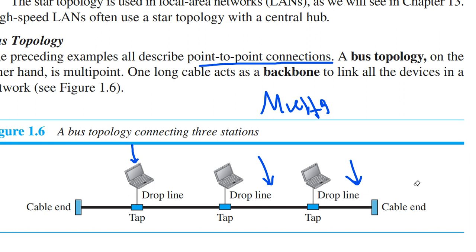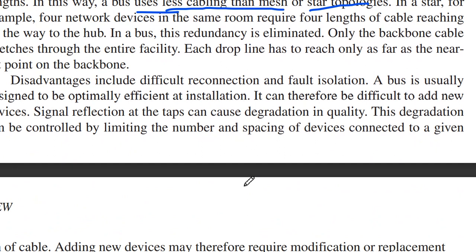Or say, for example, I take the second device here. If the second device fails, the data being transmitted to the third device is not transferred properly because of this fault, and it is very difficult to identify which device has gone down. So that is a major disadvantage of the bus topology.